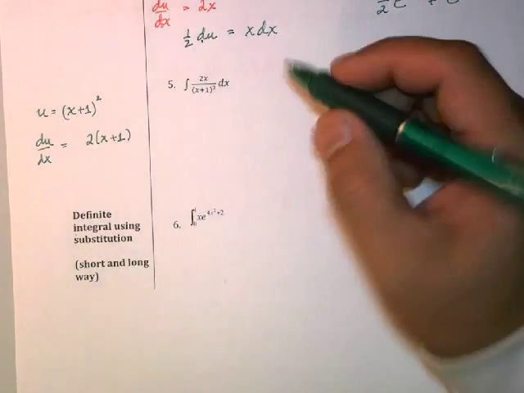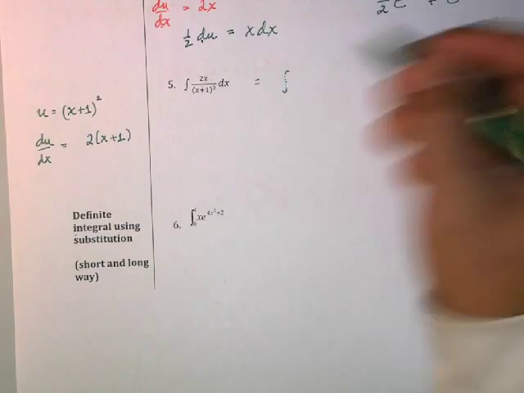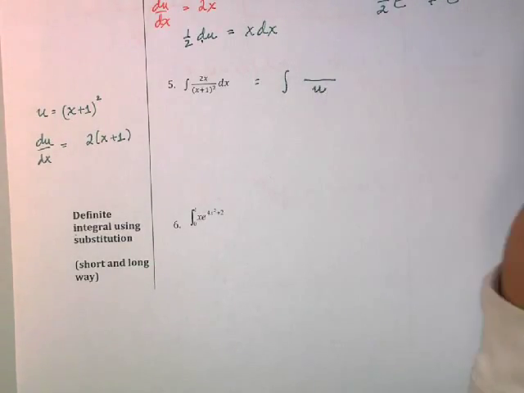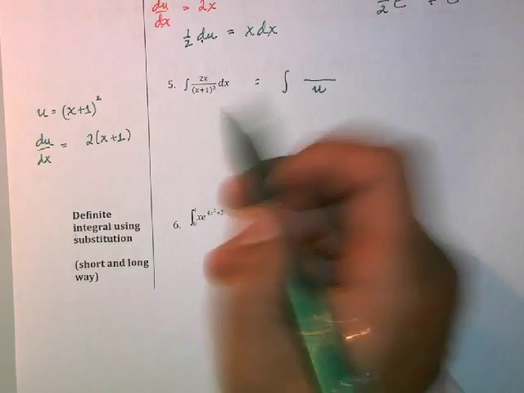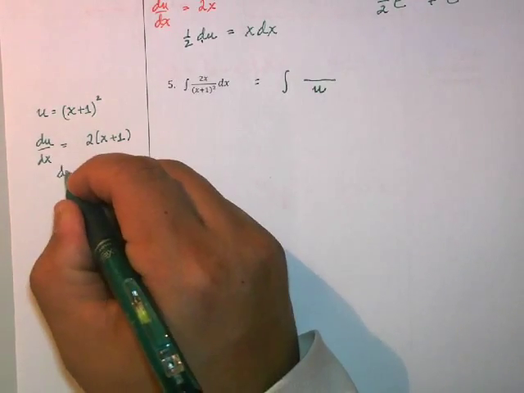So we can do certain things like get rid of the denominator, because that's just u, and now we need to solve for 2x dx.